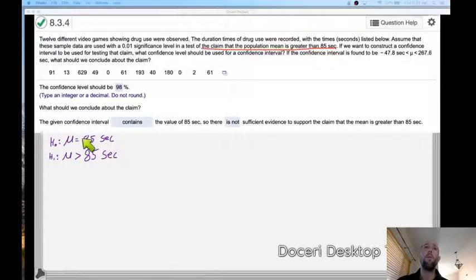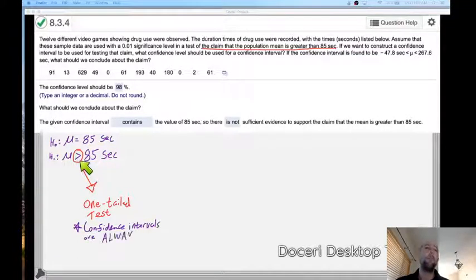Our null always includes an equal sign, and so I'll be using that same value. Now, it's important to note that with our alternate hypothesis having this inequality, we can see that it's like an arrow pointing off to the right, and so it's a one-tailed test. It would be a right-tailed test because it's like an arrow pointing off to the right.